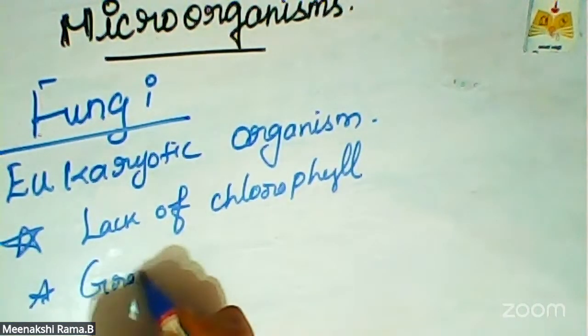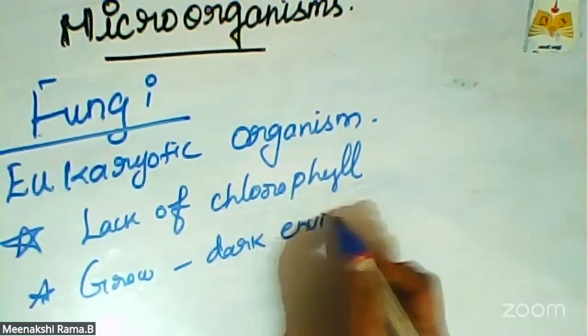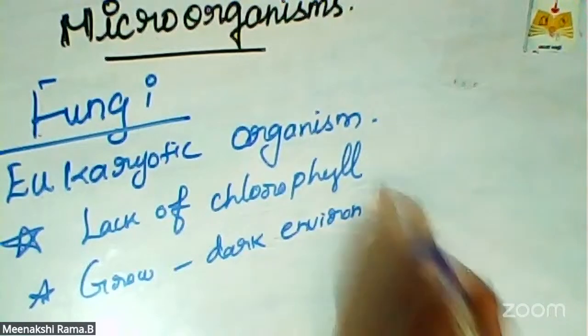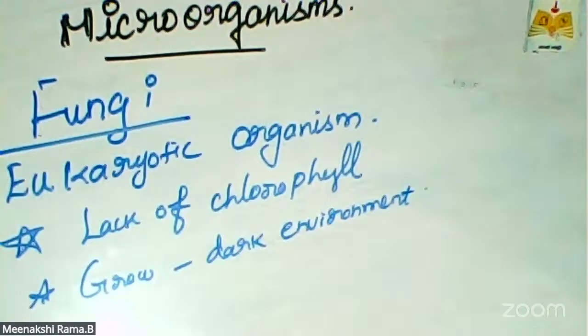They grow in dark environments because they don't need sunlight. Okay, so they grow in dark places. They may be either unicellular or multicellular, and are found in all kinds of habitats.